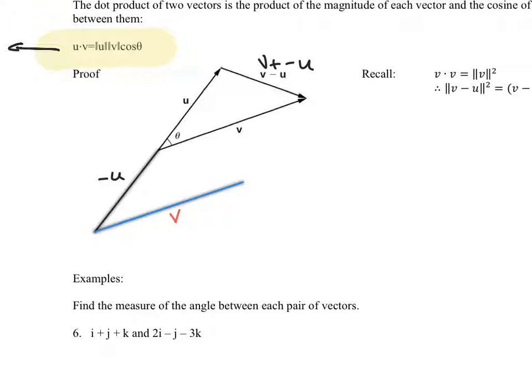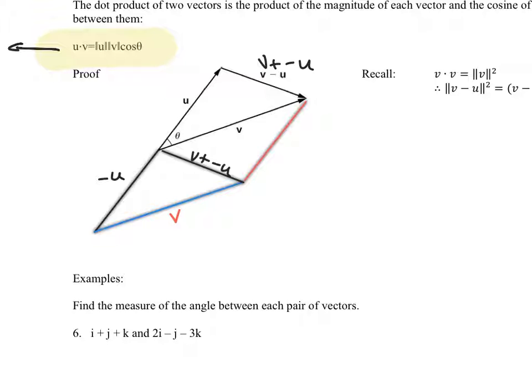I'm going to get another negative u in there. That is not the line draw tool. To create my parallelogram, the vector sum is going to be this diagonal, v plus negative u.